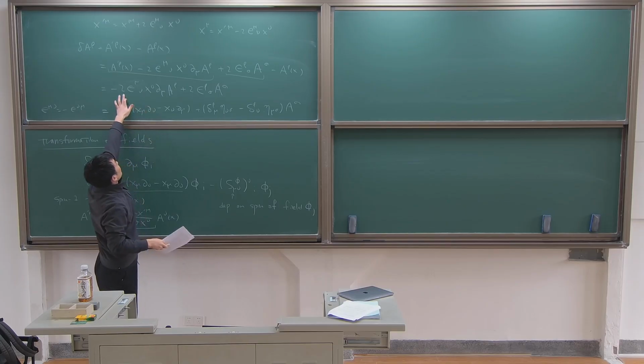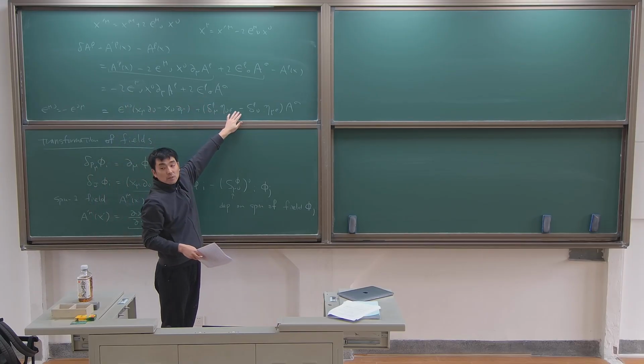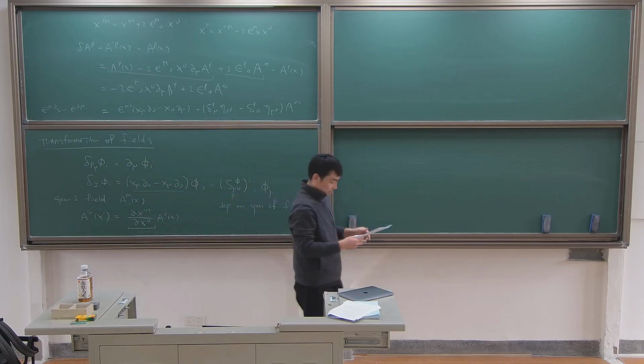You can easily see the factor 2 coming from this antisymmetry.